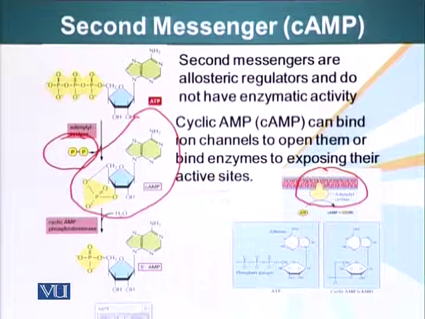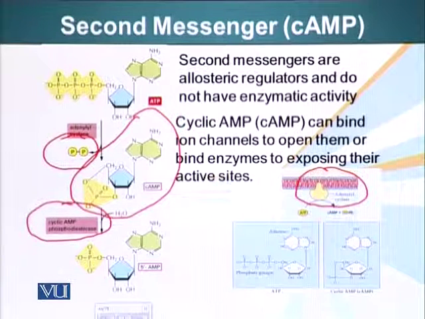This molecule is produced and it will go on and further cause a different effect. Just as importantly, there is another molecule called cyclic AMP phosphodiesterase. We talked about cyclic GMP phosphodiesterase earlier. This molecule will break this cyclic AMP and make it a normal AMP molecule, terminating its effects.